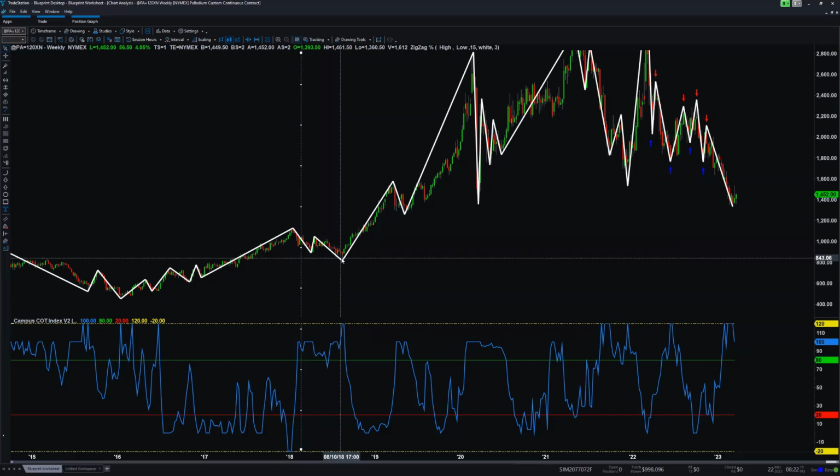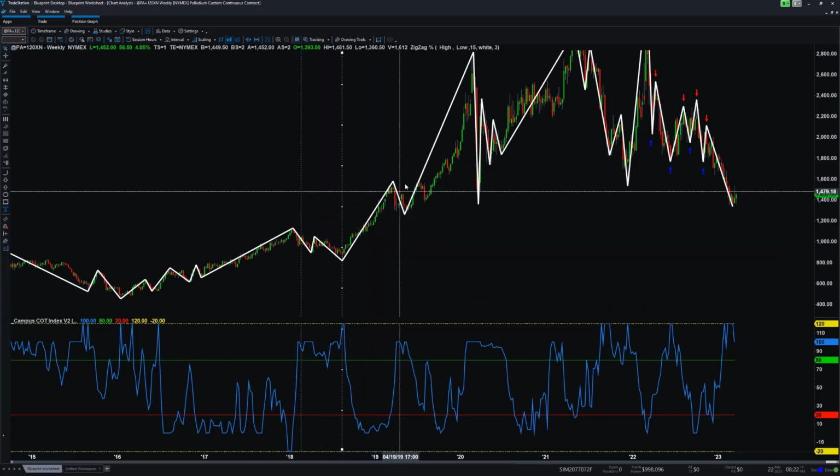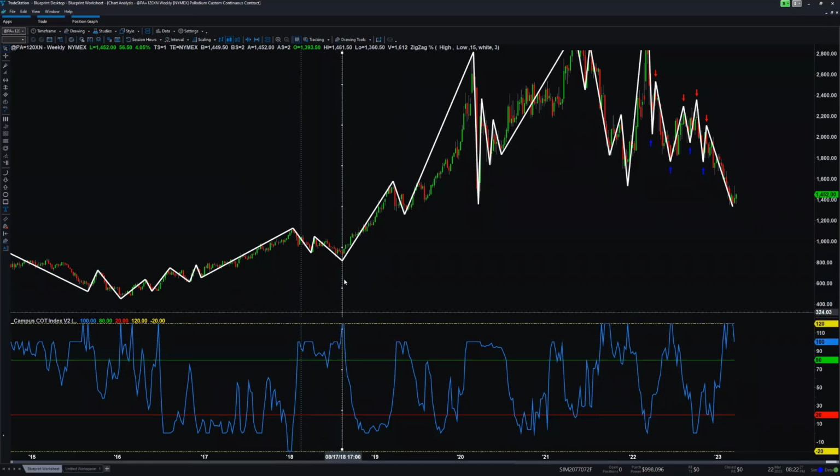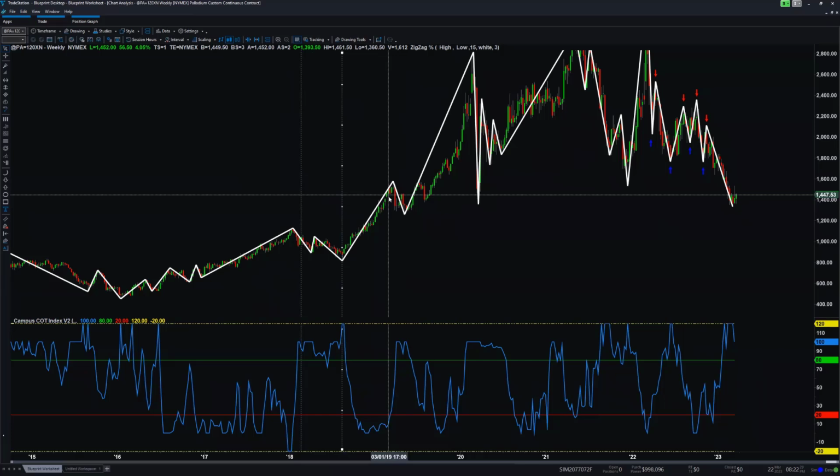Way too early. And then price again goes into an extreme to then really go further to the upside. So we may look to buy here, and we may be too early in this case, right? And then eventually, as we get the extreme reading, we should catch that again.